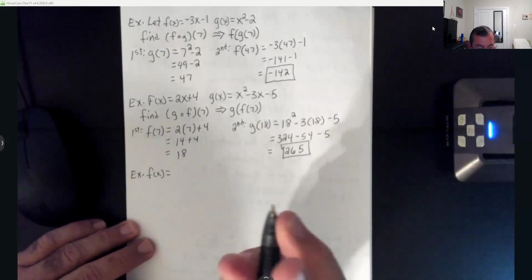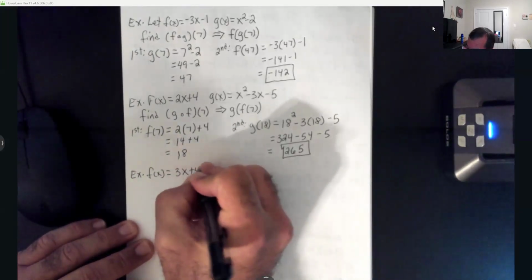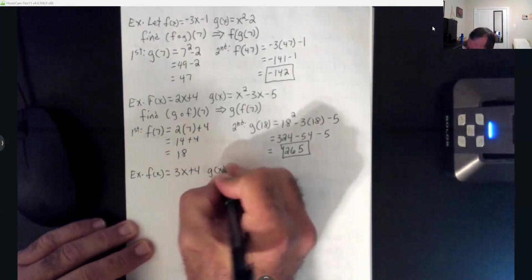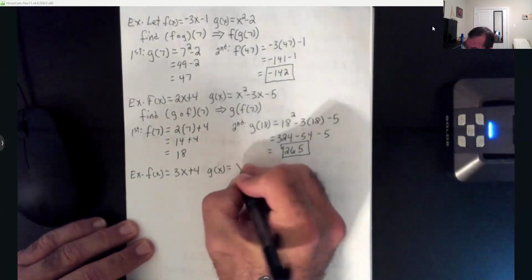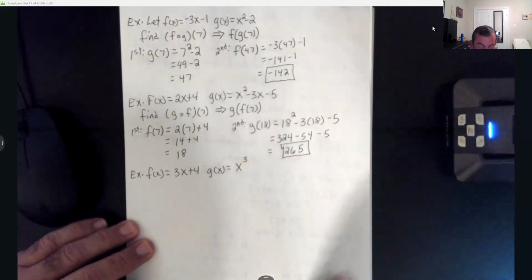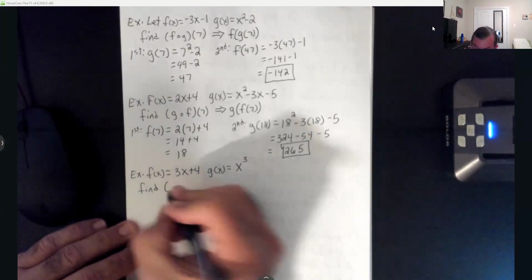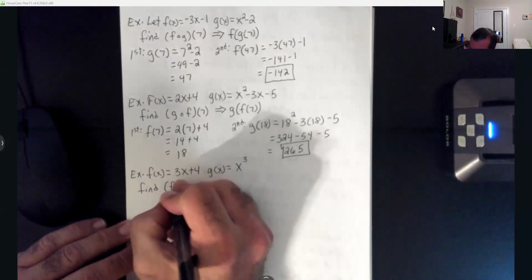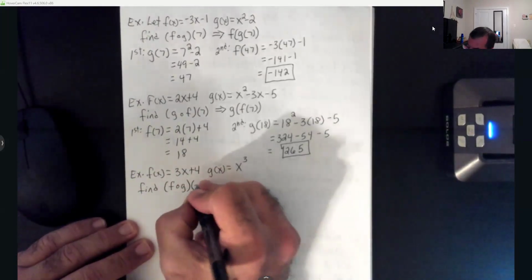So F of X equals 3x plus 4. G of X is just going to be X cubed. They want us to find F compose G of negative 4.